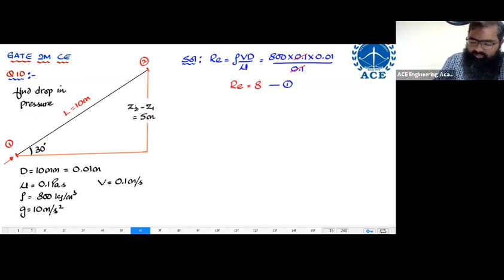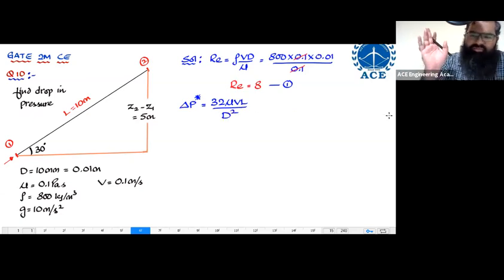Now let us apply the formula. Which formula? You will not write delta P, you will write delta P star. That formula is for delta P star. What is the formula? 32 mu VL upon D square. If you don't remember, never mind. I do not stress much on remembering these formulas.